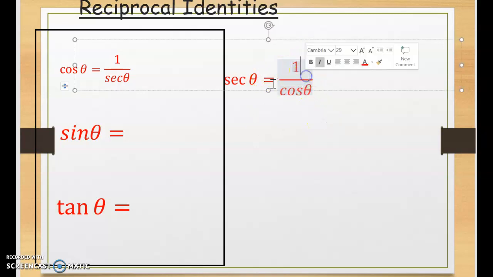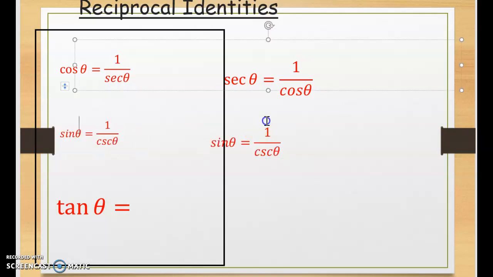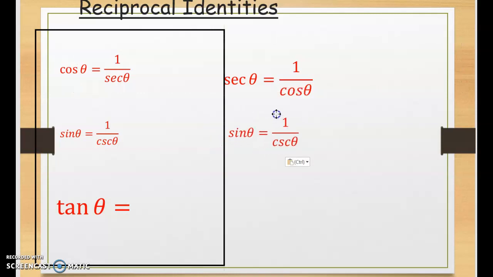Now, for sine theta, what is the reciprocal of sine theta? Well, it's cosecant theta. So that means sine theta can be rewritten as 1 over cosecant theta. Which means by association, cosecant theta can be written as 1 over, you guessed it, sine theta, okay?